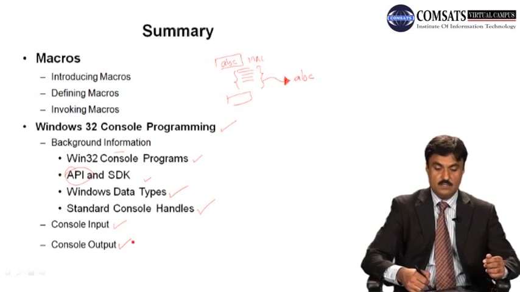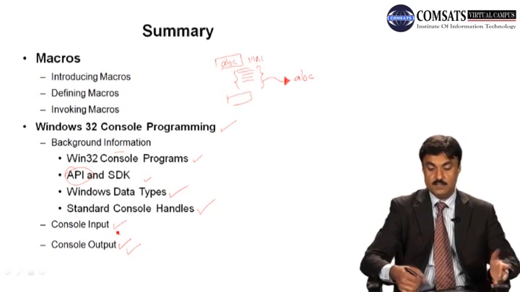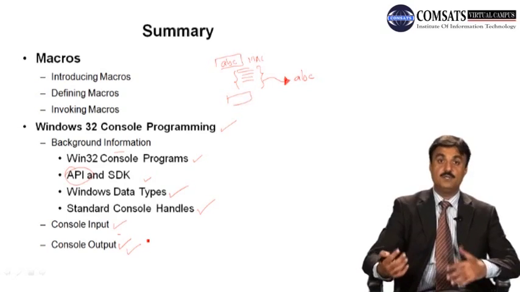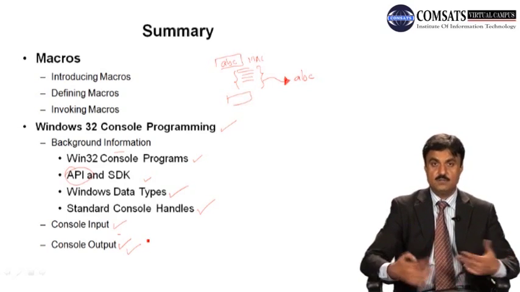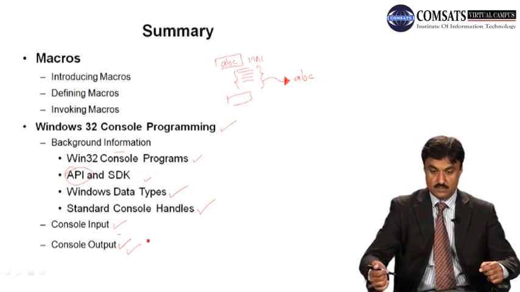To interact with the output devices or any of the devices, we need these handles, and these handles are used in the console functions to interact with these devices and so on. So this is the overall summary of what we discussed in this lecture.